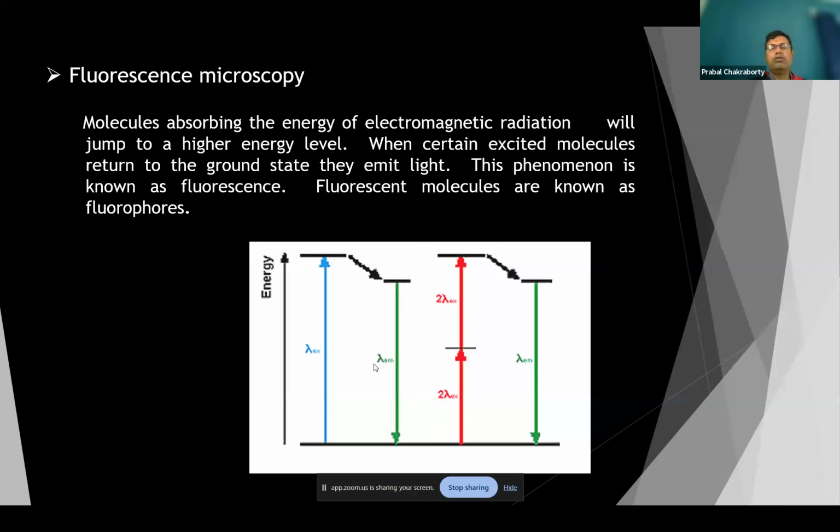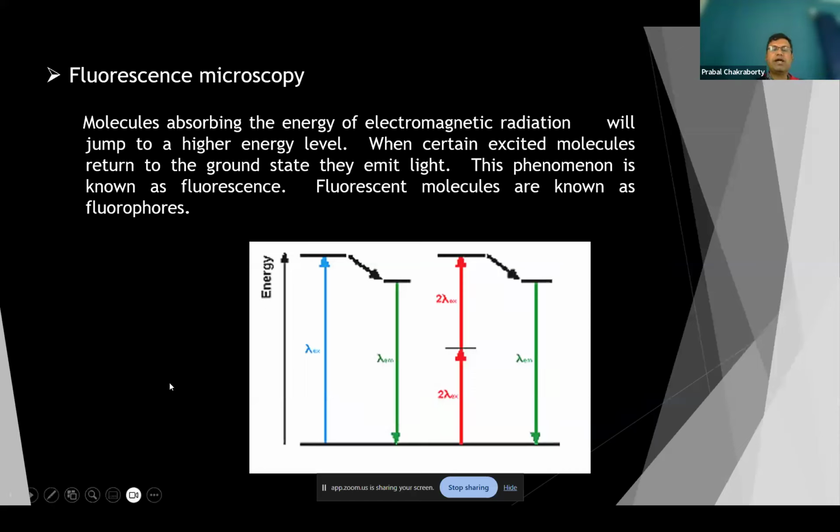Now, when we talk about how the molecule can go from the ground state to the upper excited state, that can be done in two different ways. One is that a single photon, or light particle, transfers the energy to that particular fluorophore molecule, and it goes to a high energy state. Or sometimes we use low energy photons, but then we need, let's say, two photons to transfer the energy to bring the molecule to the upper excited state.